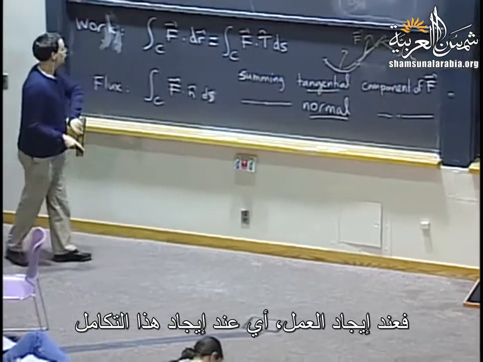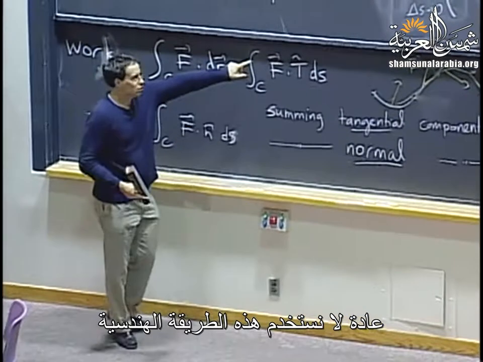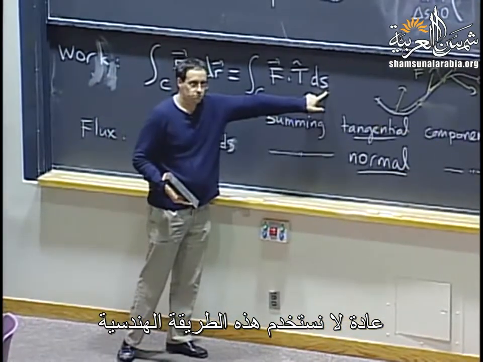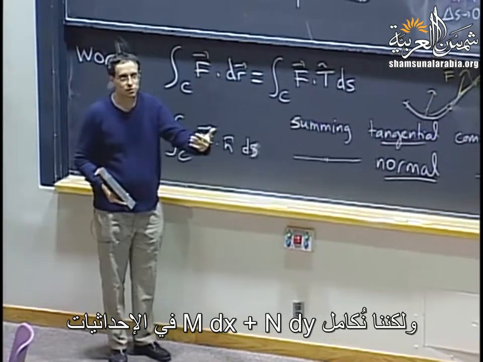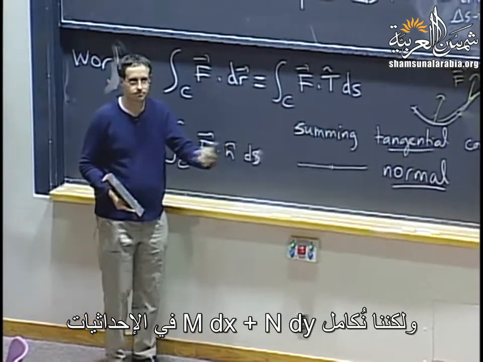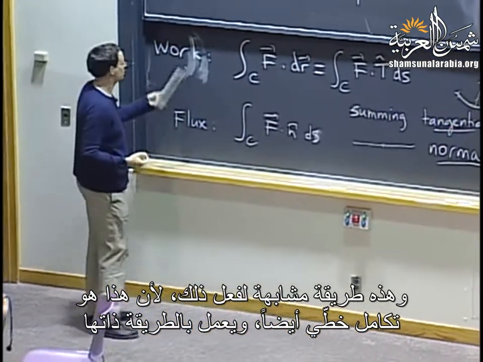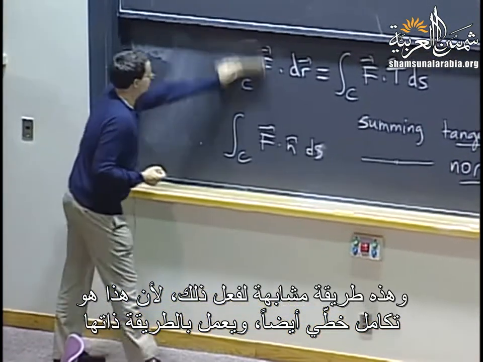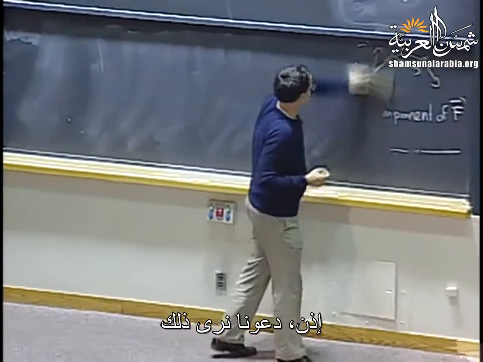Just as when we compute work, this line integral, usually we don't do it geometrically like this. Most of the time, we just integrate M dx plus N dy in coordinates. So there's a similar way to do it because it's again a line integral, so it should work the same way.